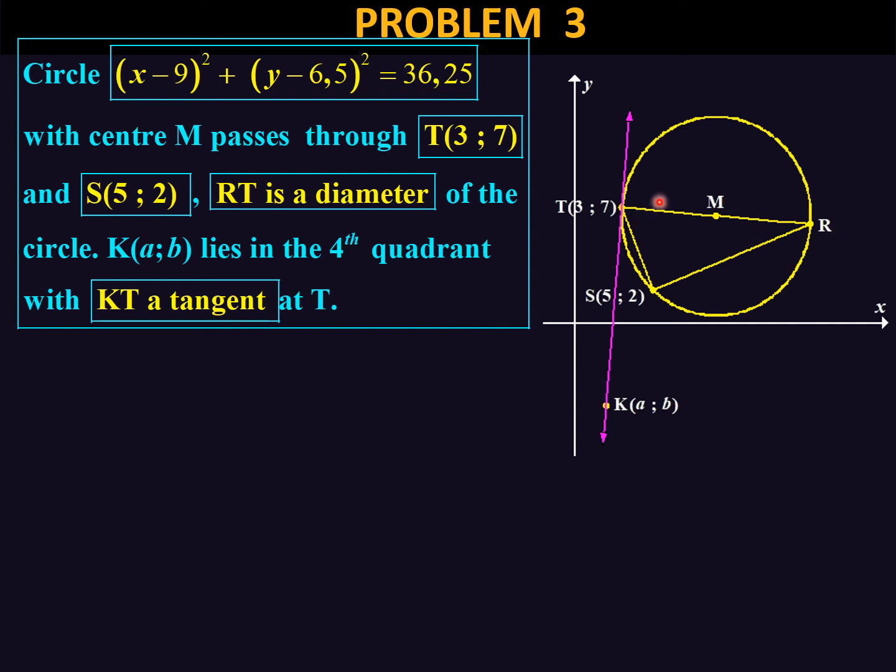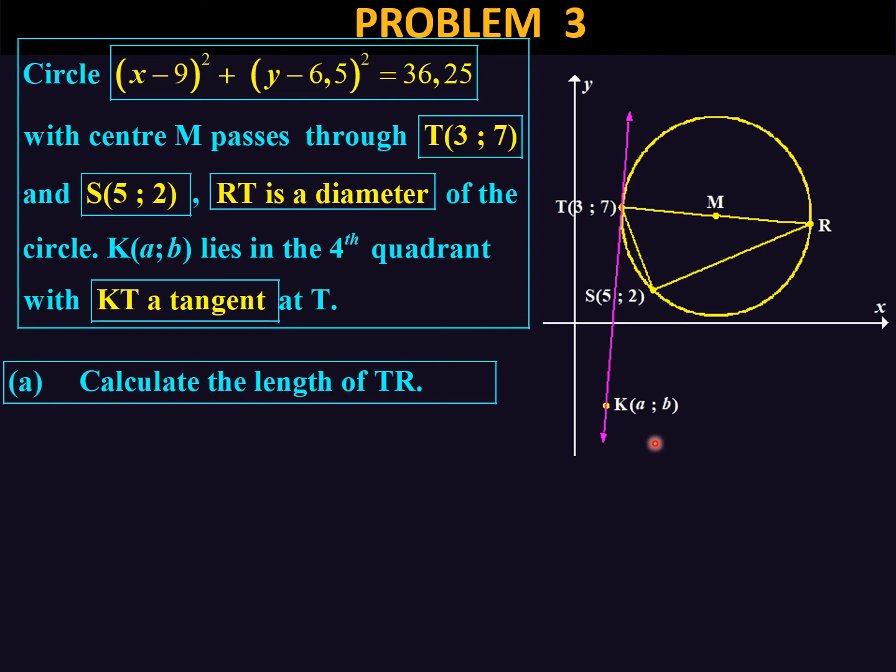What do we know about a diameter and a tangent? That's correct, they're perpendicular. And K is a point that lies here in the 4th quadrant. And KT is a tangent. Point L is up there. So KT is a tangent there.